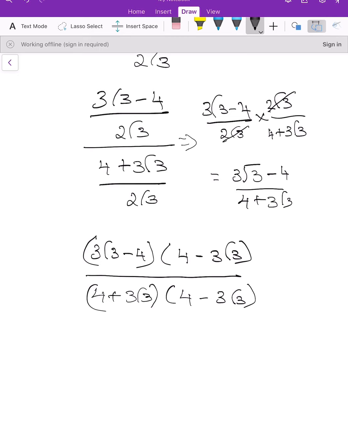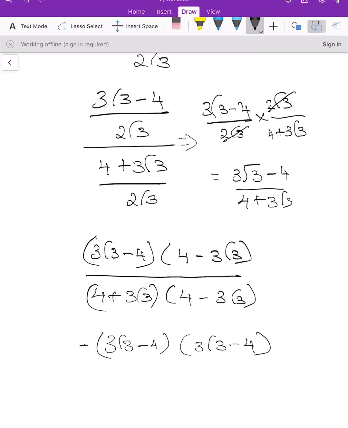If I take the minus outside, I can write 3 root 3 minus 4 as a minus, just to change the signs.